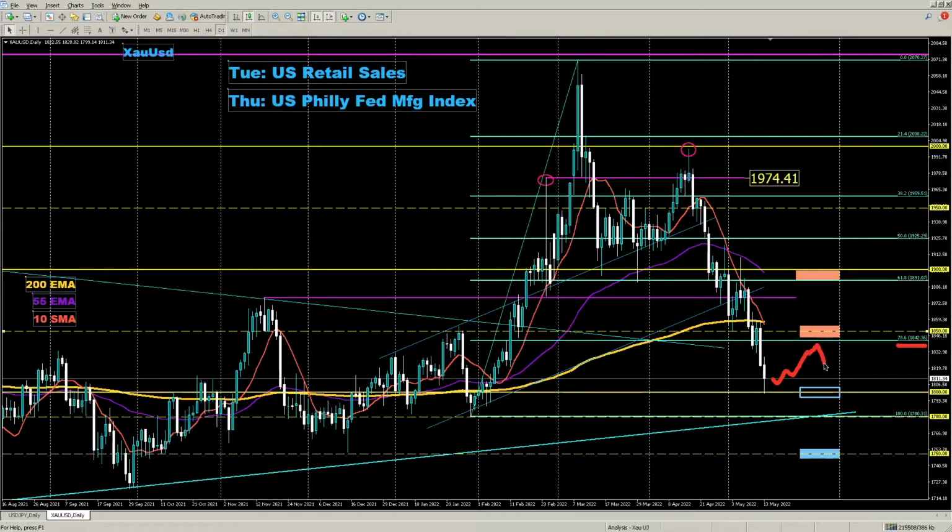It needs to break through, otherwise it falls through the 1800 again, and it's definitely going to test this swing low. If it dips further, that's definitely another major swing low support here. But at the moment it's unlikely that it's going to break out higher.